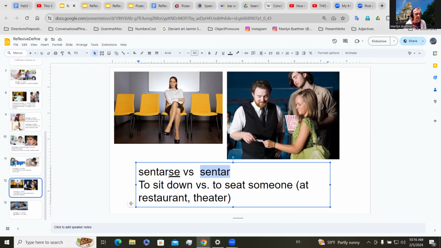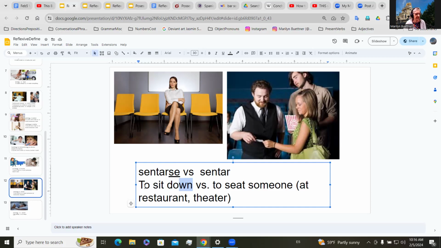But to sit yourself down is sentarse, yeah? And in English we need this down direction word, yeah? You may hear somebody say, which sounds a little more formal, please be seated.